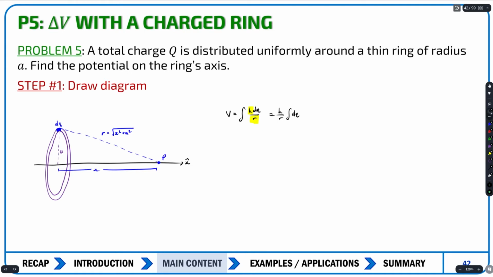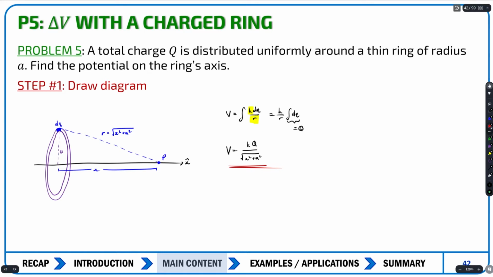Now the integral of dq is simply equal to Q because it tells us that there's a total charge of Q. So now we have V equals k over r, where r is equal to the square root of x squared plus a squared, and the integral of dq is just capital Q. So in this case, that is our potential at point P. And that's very, very simple to calculate.